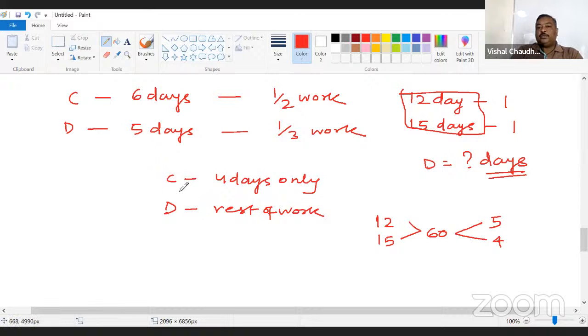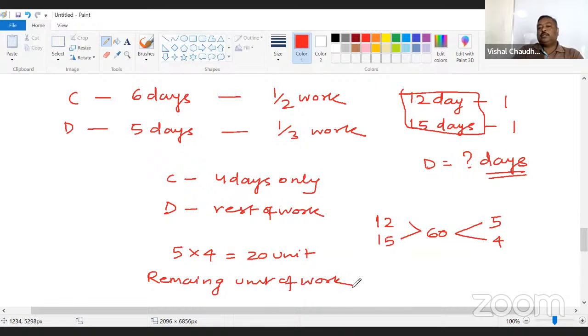Now C is doing only 4 days work. That means he will be completing 5 units into 4, that is 20 units of work. Remaining units will be how much? Remaining unit of work will be 60 minus 20, and that is 40.